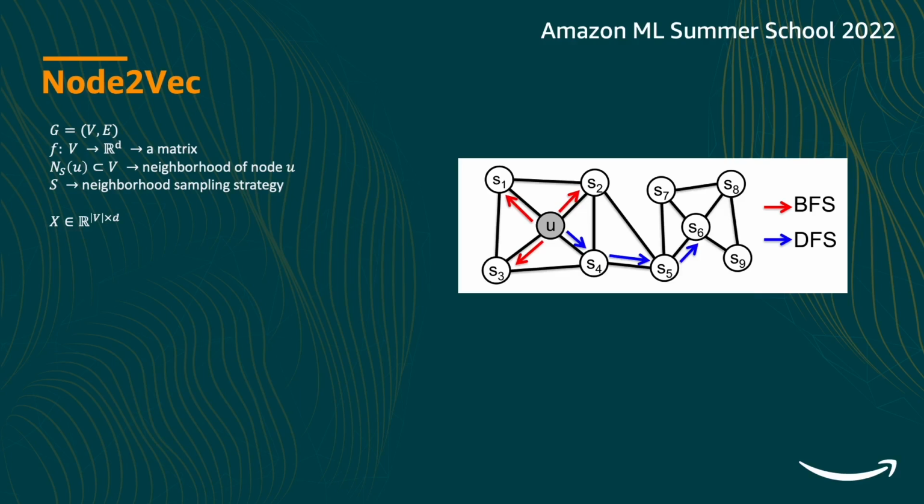Now, maybe sometimes in some cases, we might need to do some biased random walk. Maybe we need to explore very local structure, so we do not want to go very far away from our source node. So basically, we want to do the breadth first search here. Or maybe in some other cases we want to capture the global structure, so we want to explore a little bit further away from our source node.